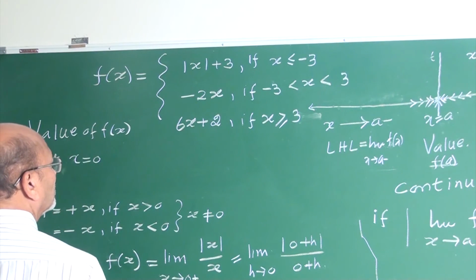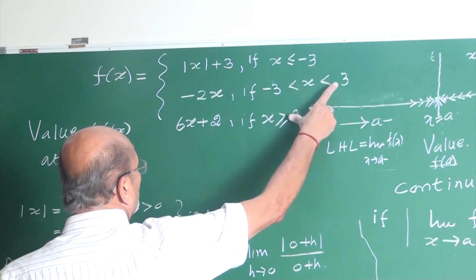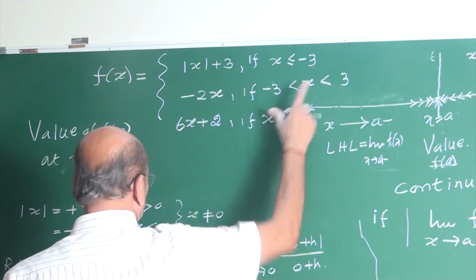Discuss the continuity at 2 points: one is minus 3, another is plus 3.